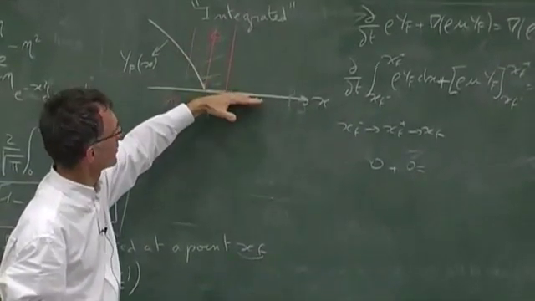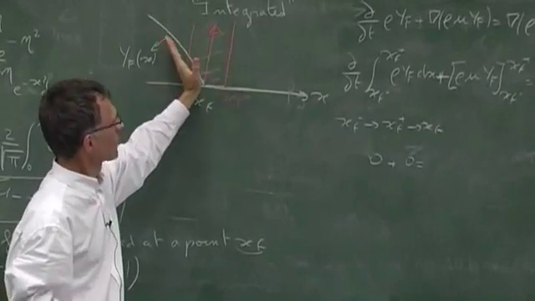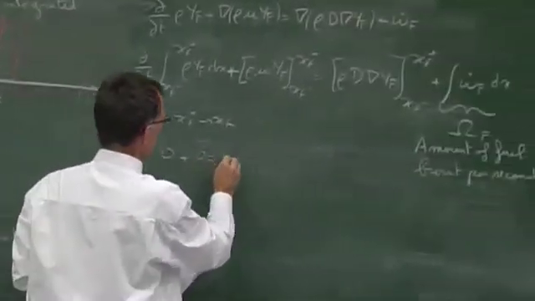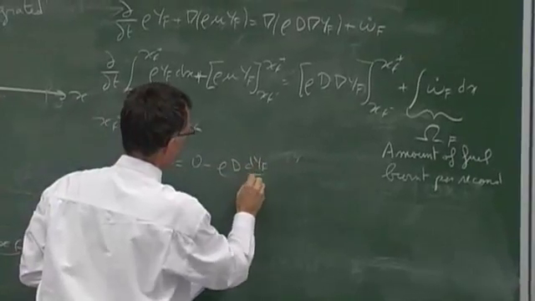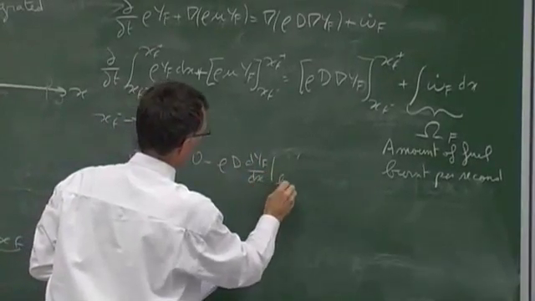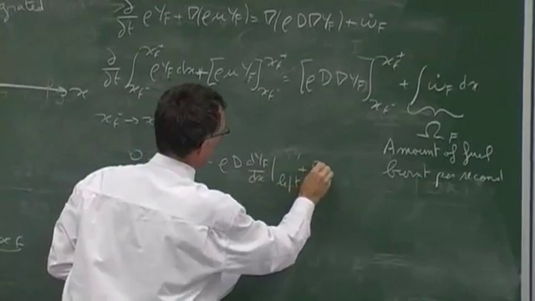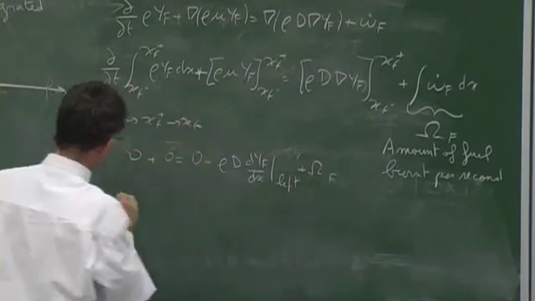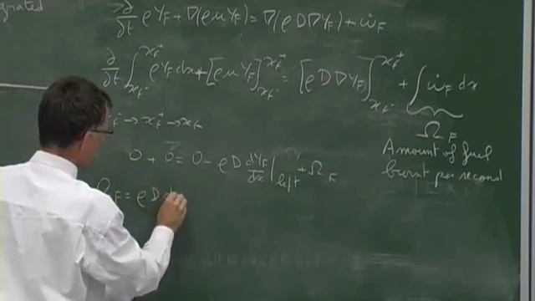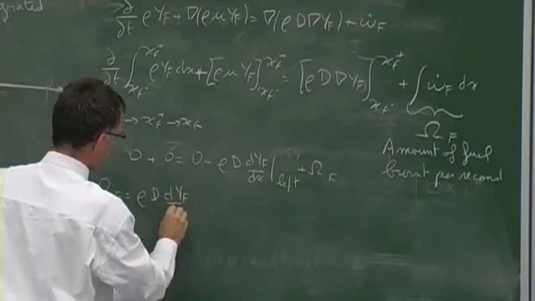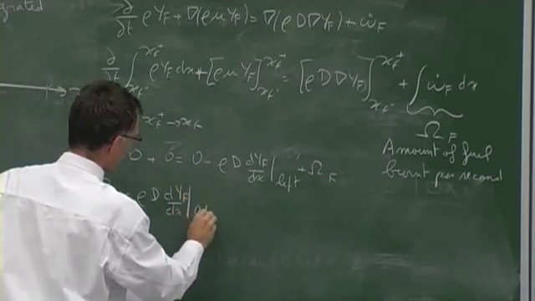The gradient on the right side is 0, there is no fuel. But there is a gradient on the left side. So here it will be 0 minus rho d dYf over dx on the left, plus omega f. So in the end, what we find is that omega f is nothing else than rho d dYf dx on the left side.